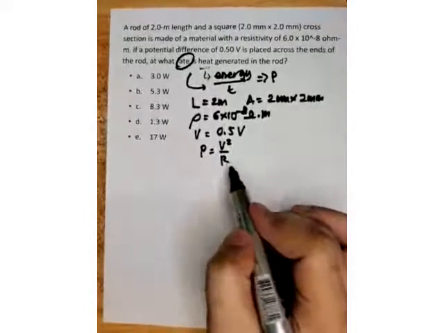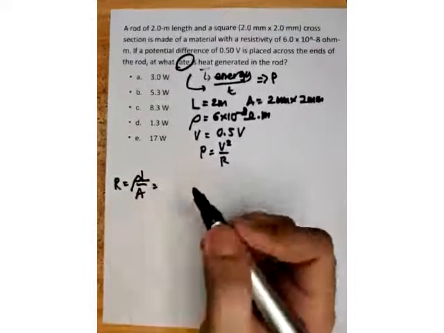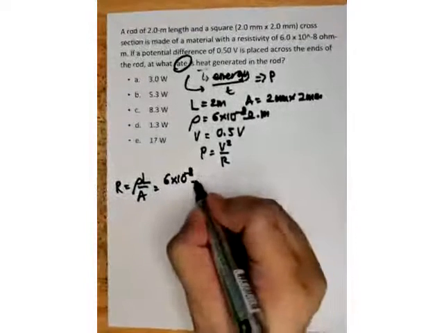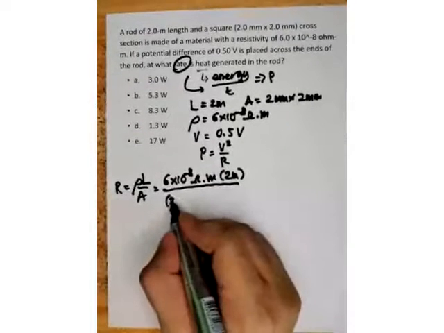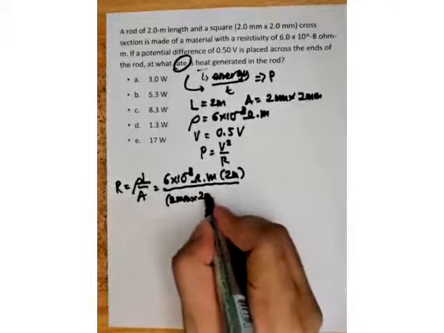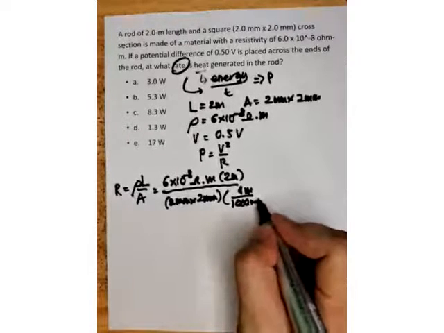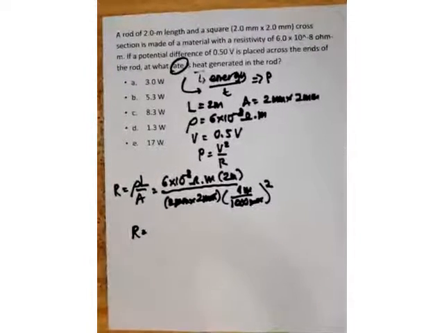Okay, so ano ba yung R natin? R is rho L over A. That's equal to 6 times 10 raised to negative 8 ohm meter times 2 meters all over, yung area natin ay 2 millimeter by 2 millimeter. So convert natin yan na 1 meter is equal to 1,000 millimeter. Square natin kasi dalawa sila. So what is our resistance? It is 0.03 ohms.